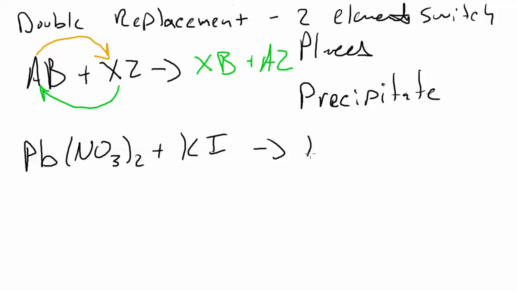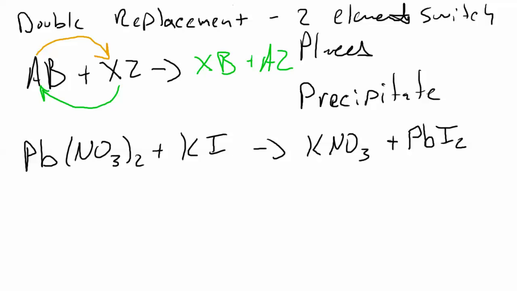That forms potassium nitrate and lead(II) iodide, which is insoluble and bright yellow. So when you mix these two colorless solutions together, it forms a bright yellow precipitate. It's actually pretty impressive. You might want to Google that, lead nitrate and potassium iodide.